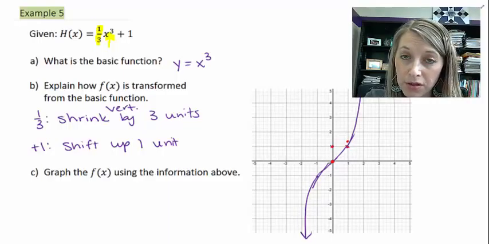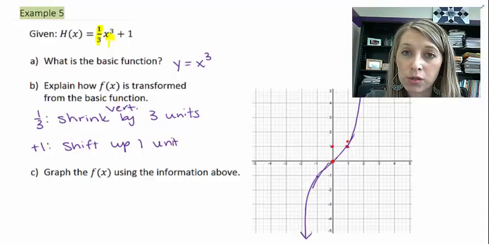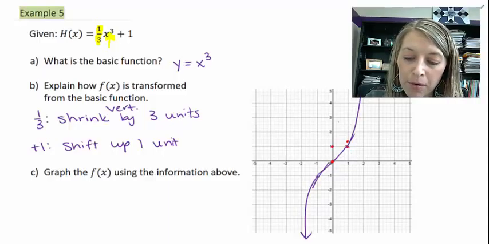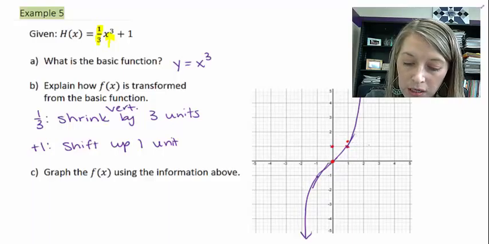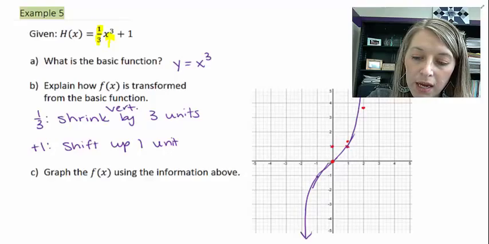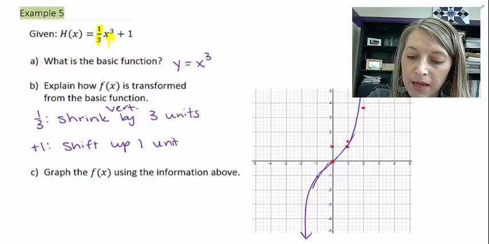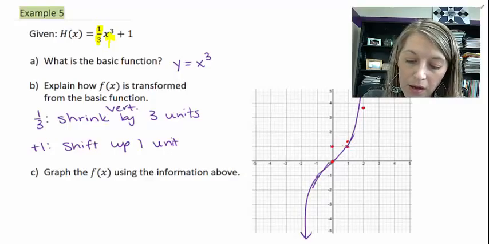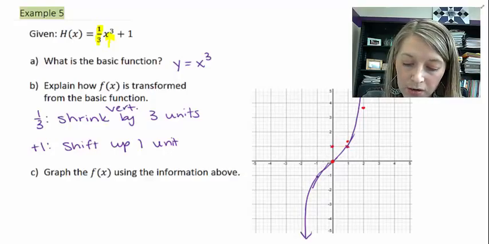If I had my point up here identified at 8, if I multiply it by 1/3, that gives me 8/3, or 8/3 is the same as 2 2/3. And then if I shift it up a unit, that gives me 3 2/3, right? These ones here, -1, if I multiply it by 1/3, that gives me -1/3, shift up a unit.